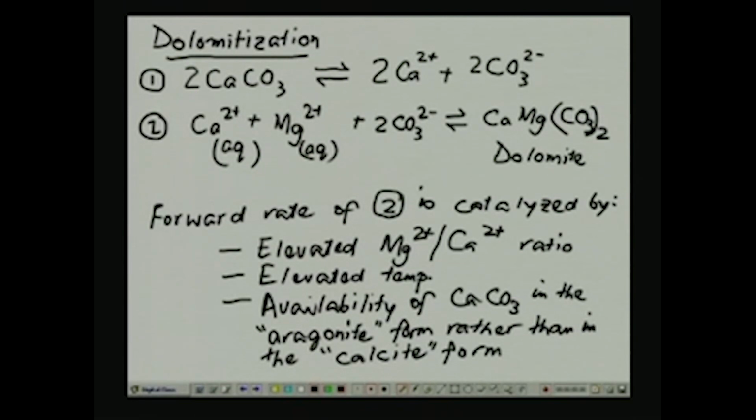Actually what I am trying to say here is calcite and aragonite, they are polymorphs. So, what we need in order to catalyze the formation of dolomite is availability of aragonite rather than calcite.